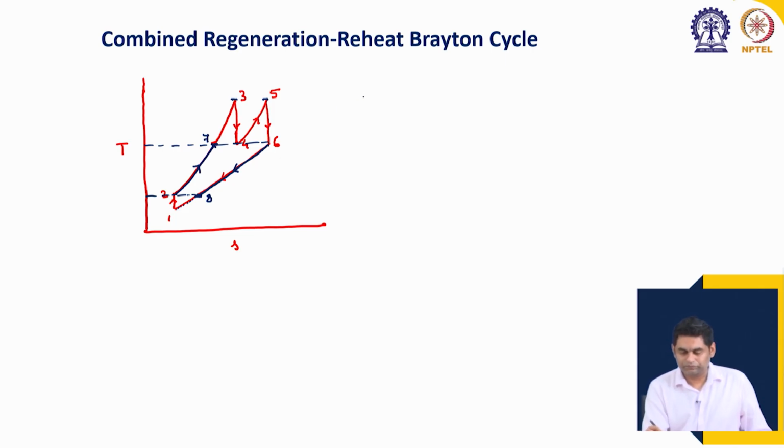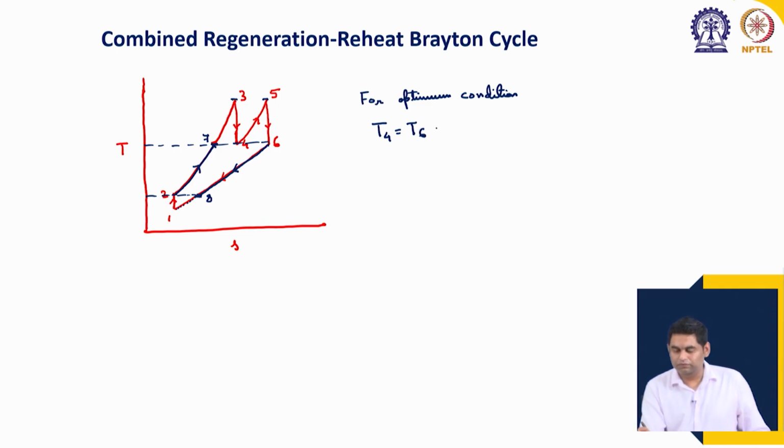For the optimum work output, or optimum condition, we know that T 4 should be equal to T 6, and T 7 also should be equal to T 4, or T 6.